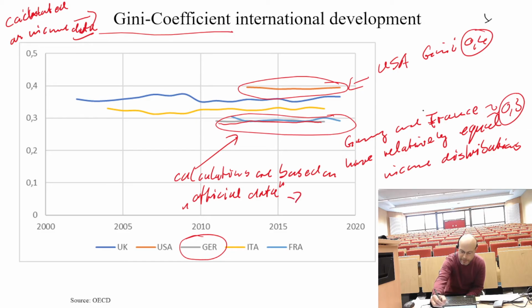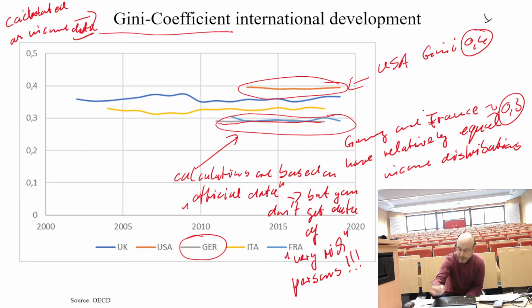But you don't get data of very rich persons. Because, of course, you don't find them in some official data package.